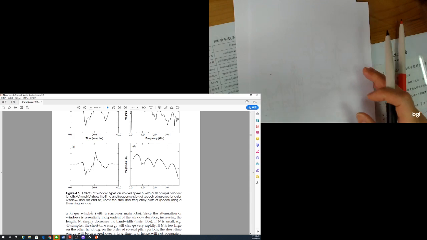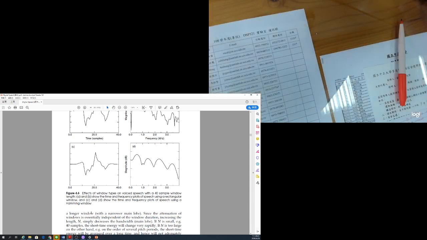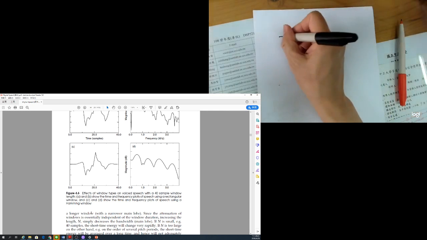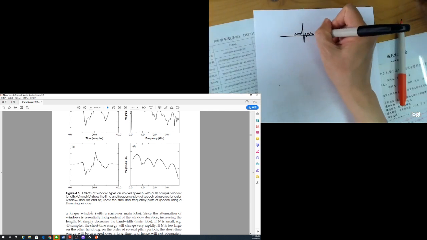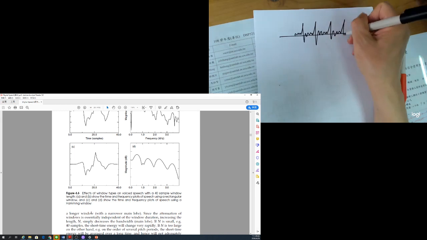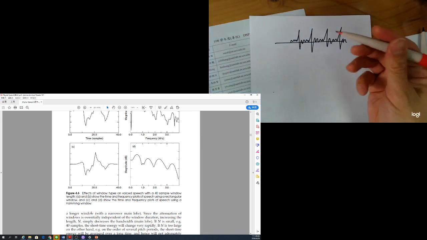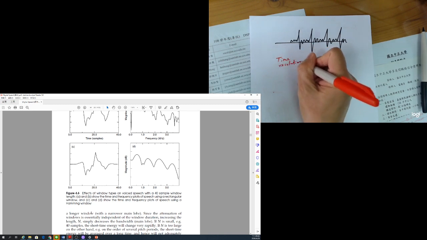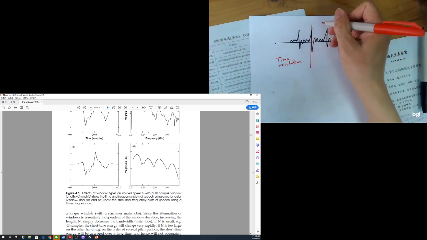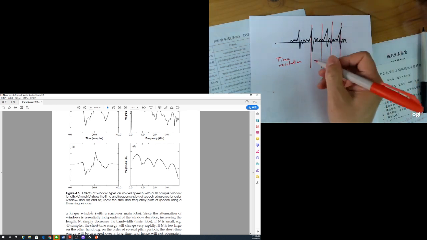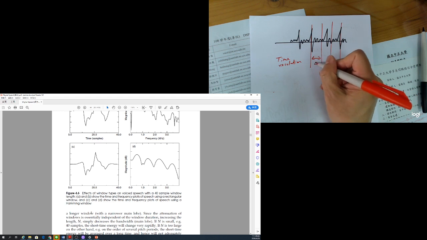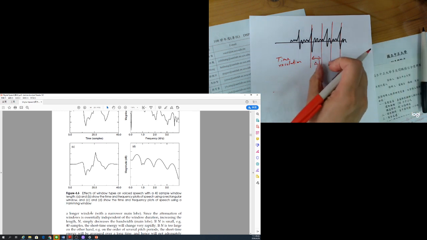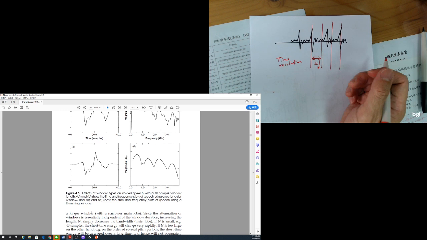Why? If you try to get a good time resolution with our speech signal, it's very straightforward. Our partition windowing should be smaller, so our time resolution will become good.